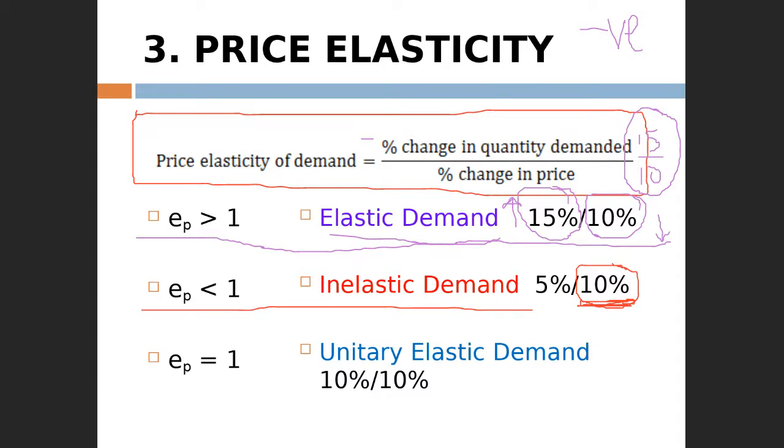Okay. Now, the price has gone up by 10%. The demand for Budweiser falls, but it falls by less than 10%. You see this? Yes. So essentially, that is inelastic demand. The demand for Budweiser is not that sensitive to changes in the price. So in this case, it is going to be 5 over here and 10 over here. And that's why it is less than 1.